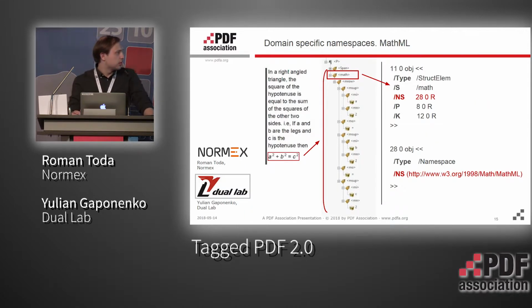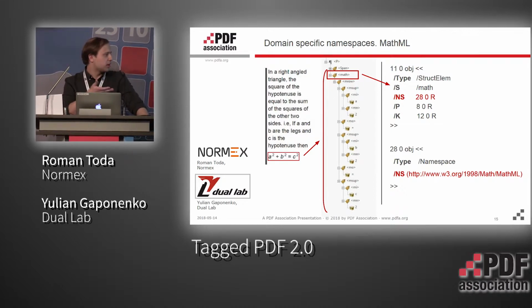Here you can see quite well, on the left, there is some text, and below it there is a quite trivial mathematical expression. In the center, there is a text structure that corresponds to it, and on the right, you can see how every custom structure element is defined, by the example of the math element.